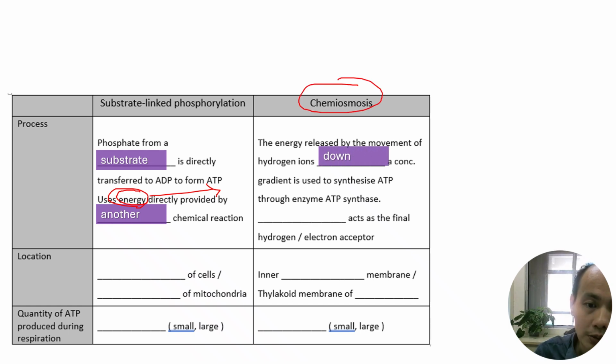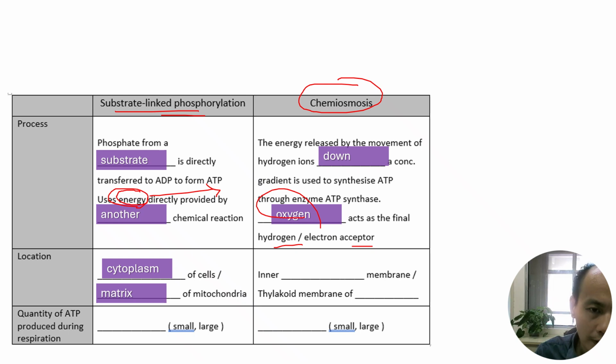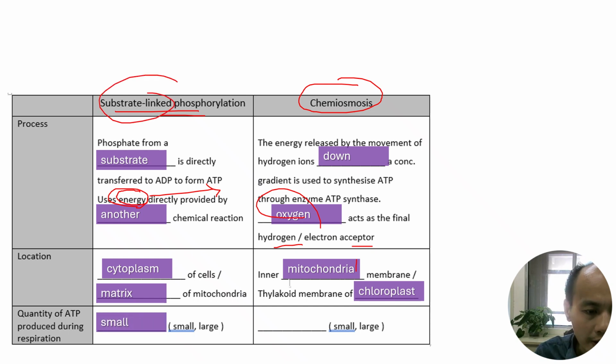Chemiosmosis: the energy released by the movement of hydrogen ions down the concentration gradient, passive transport, is used to synthesize ATP. Oxygen acts as the final hydrogen acceptor. Location for substrate-level: cytoplasm or the matrix. Chemiosmosis happens in the inner mitochondrial membrane and also the thylakoid membrane of the chloroplast. The quantity of ATP for substrate-level is small, but for chemiosmosis it is large.